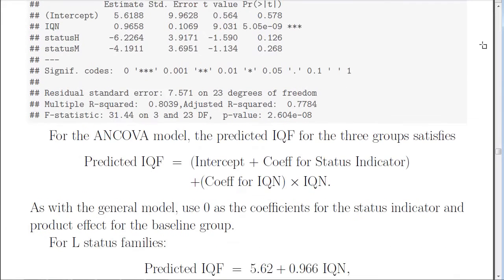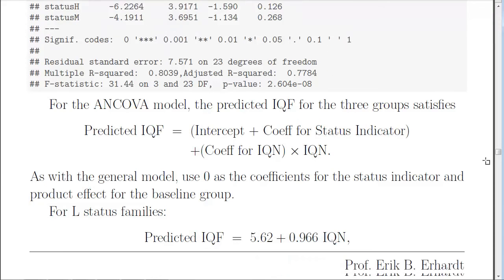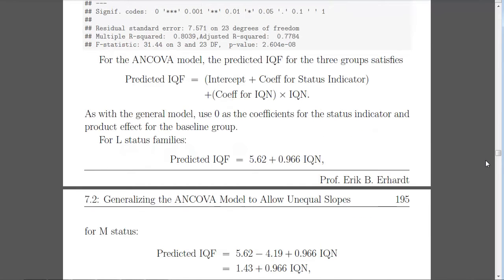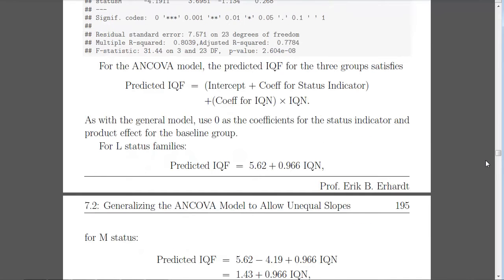All right. So here we have the intercept for the baseline group, 5.6, and the slope for the baseline group, 0.96. And then these are offsets for intercepts for the other groups. Let me see if I can get enough of this on the screen if I zoom out just a little bit. And just barely.